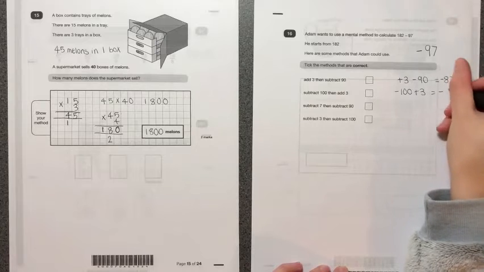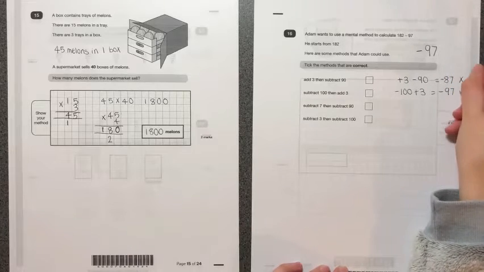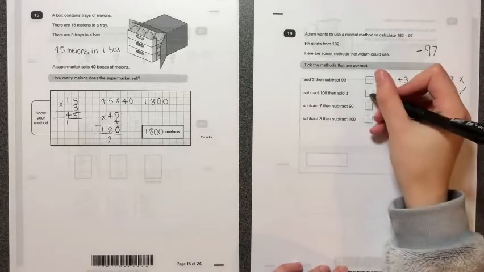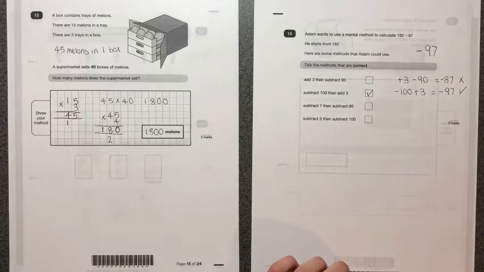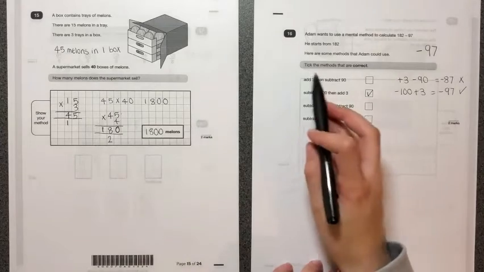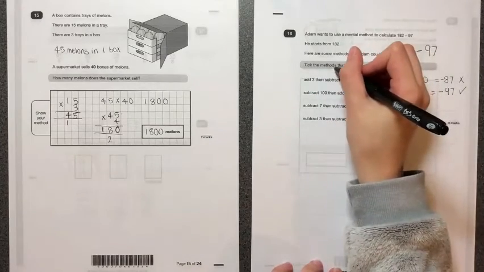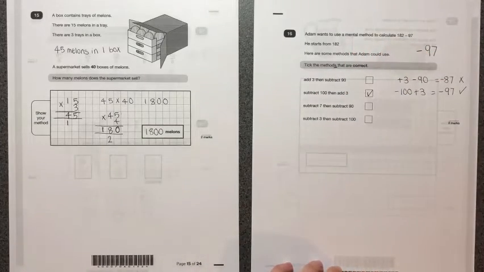That gives us minus 97. That is correct, so we can tick this box here. Now make sure that you don't stop here, as it says tick the methods. It's got an S on the end, which is plural. So we're going to work our way down with the next two.